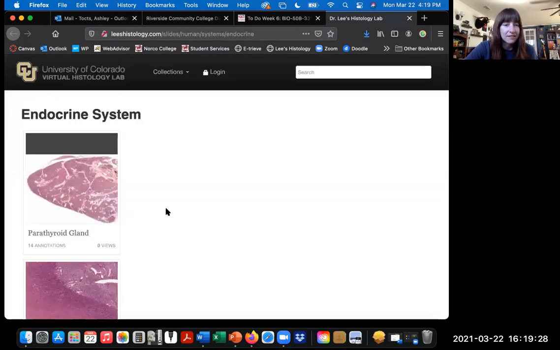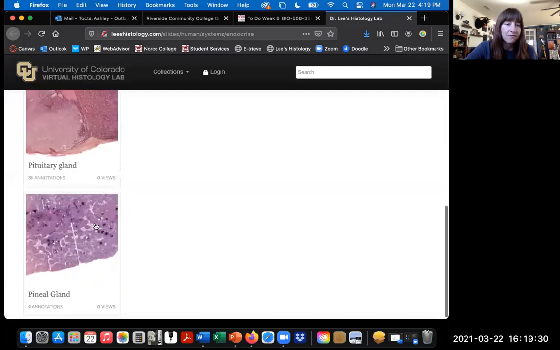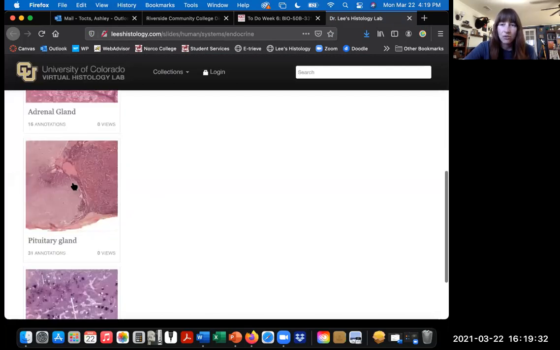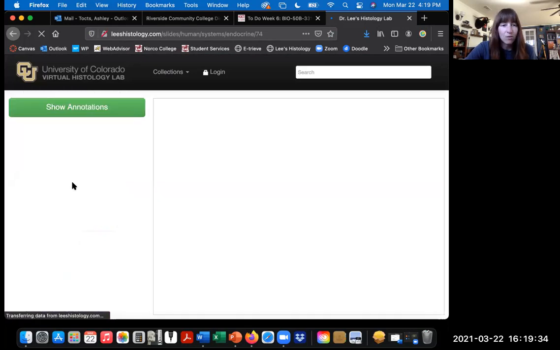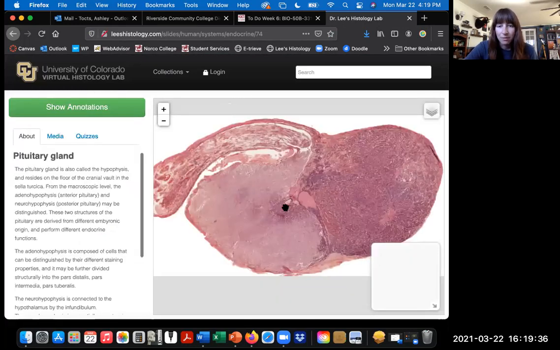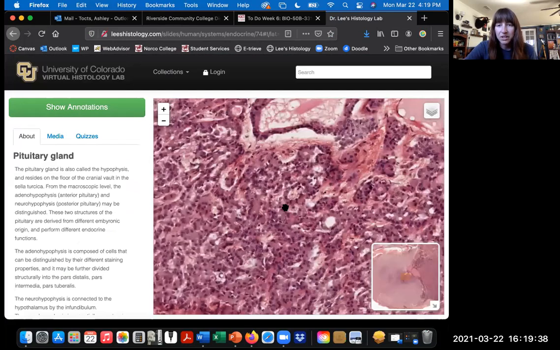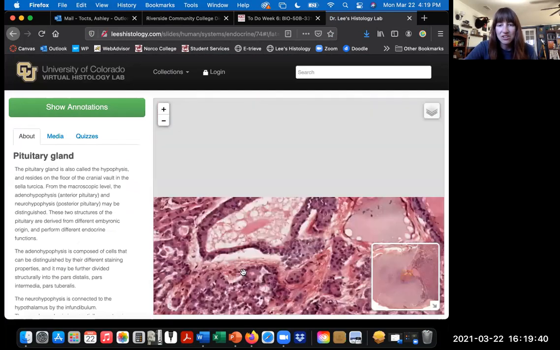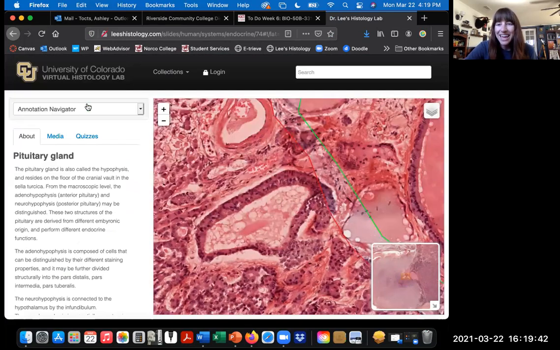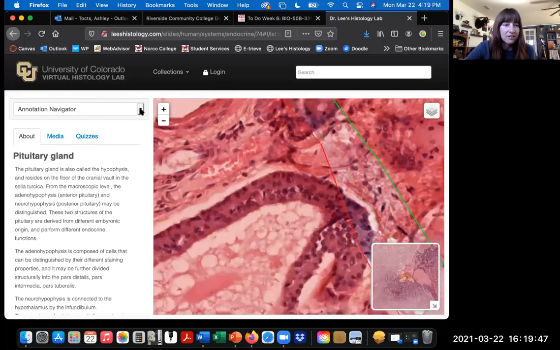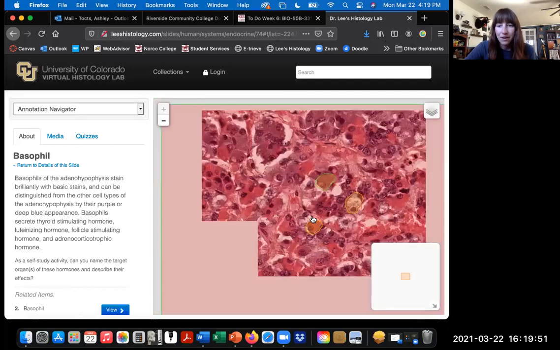We've got a bunch of slides from various endocrine glands, endocrine organs. And these are really, really nice images that you can zoom way into and be able to check out a bunch of different cell types, which are pointed out to you in these slides.